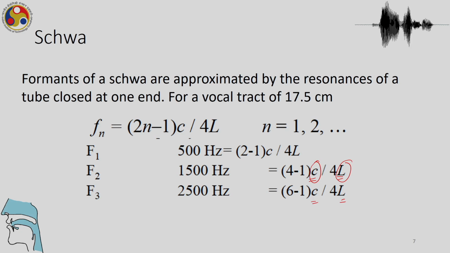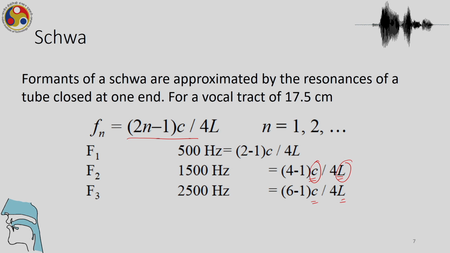So, this is our formula where 2n minus 1 is multiplied by C and divided by 4L. And this formula is used for the calculation of formants where the tube is closed at one end, as we will see.